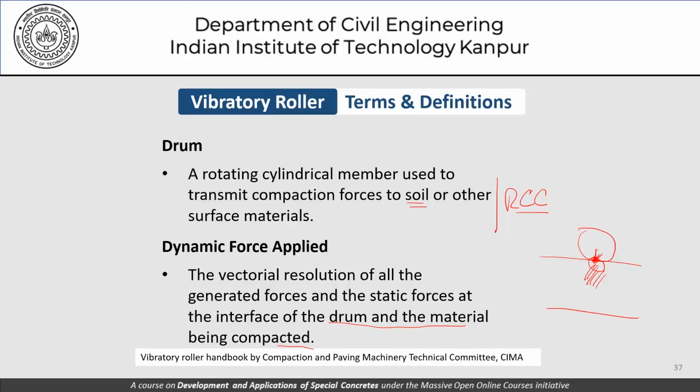So if this is a layer of concrete being compacted and this is the roller that is moving on that, at the point of contact there's a transmission of forces which governs what kind of compaction will happen here. So this is what we need to study more closely, and that's what our definition is.